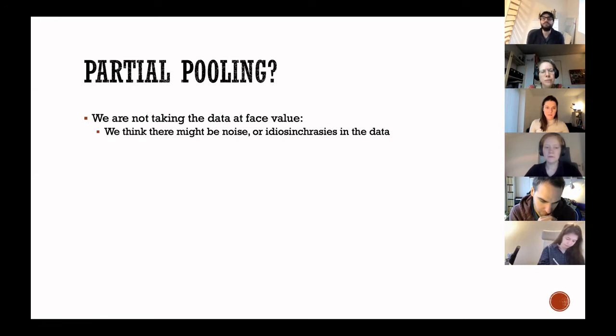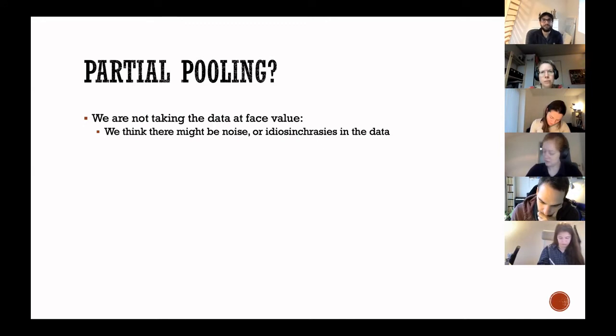Partial pooling means that we are not taking the data at face value. We know that whenever we measure something, there's noise or idiosyncrasies in the data. For instance, the different mothers that we talk to might or might not have had coffee that morning already. That might affect the data.